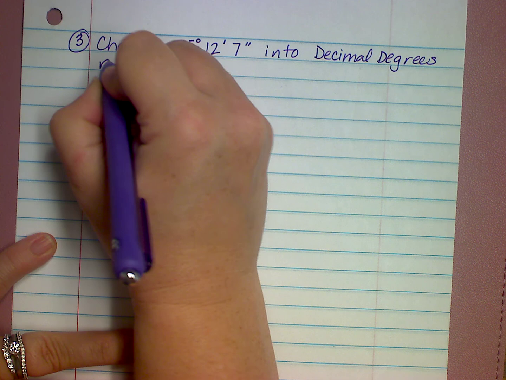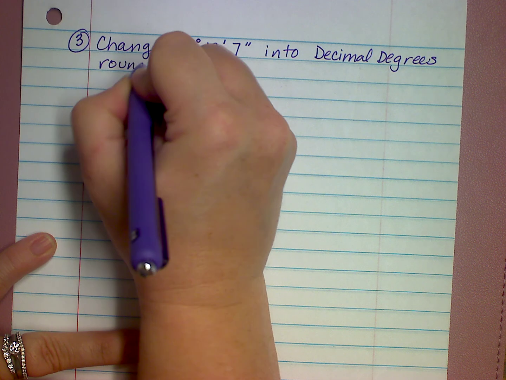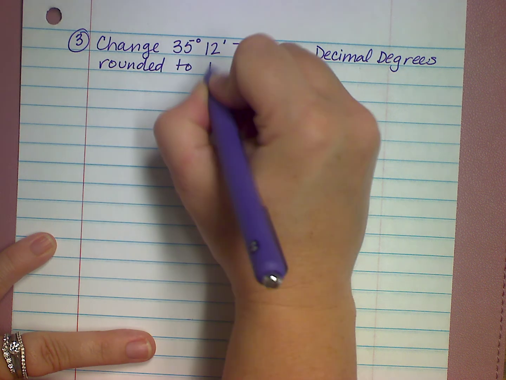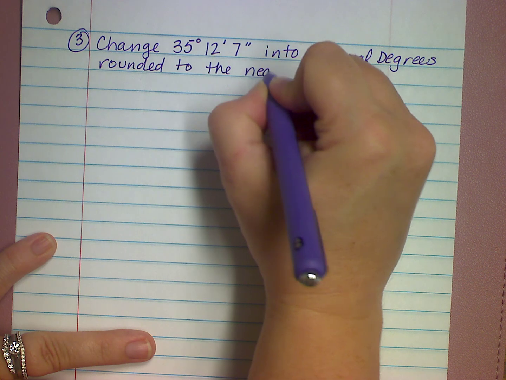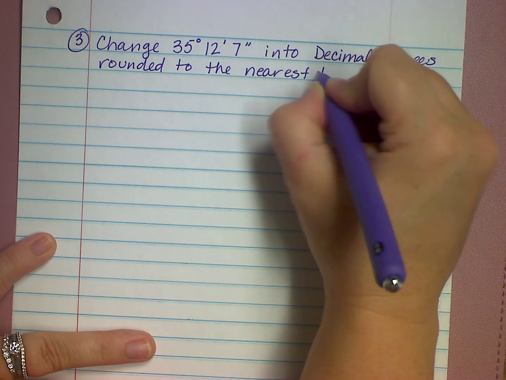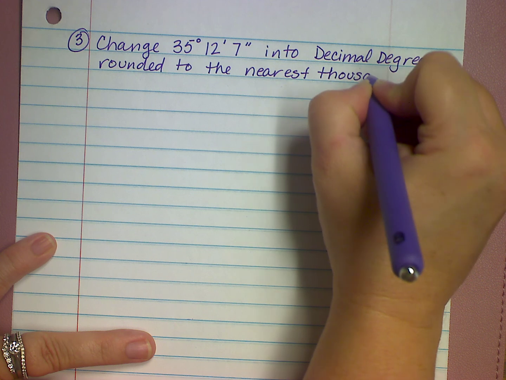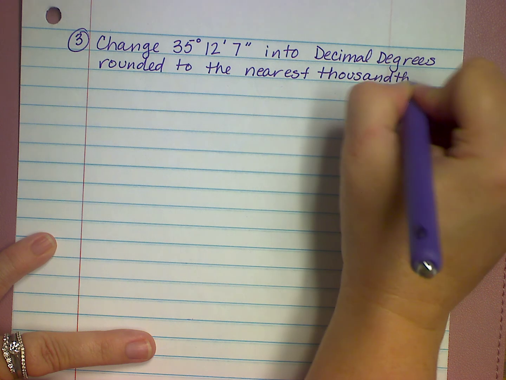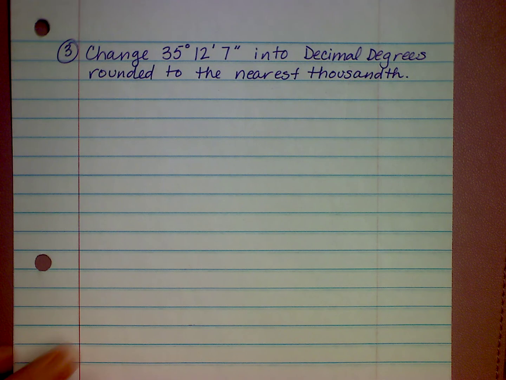And they say rounded to the nearest thousandth, meaning I want 3 digits past the decimal.